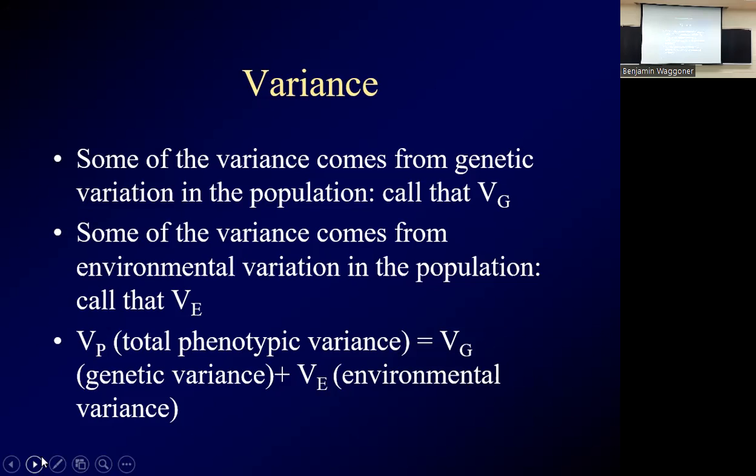Okay, so just remember that variance depends on the population that you measure it in. There's no table where you can look up and say, the variance VG for human height is always 0.8, right? Because the measure of it depends on the background of the people you're measuring it on.